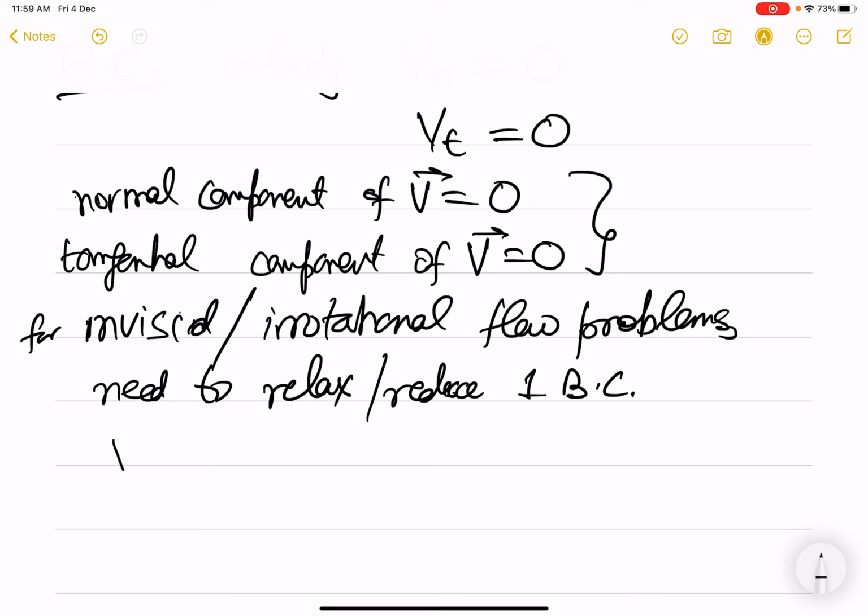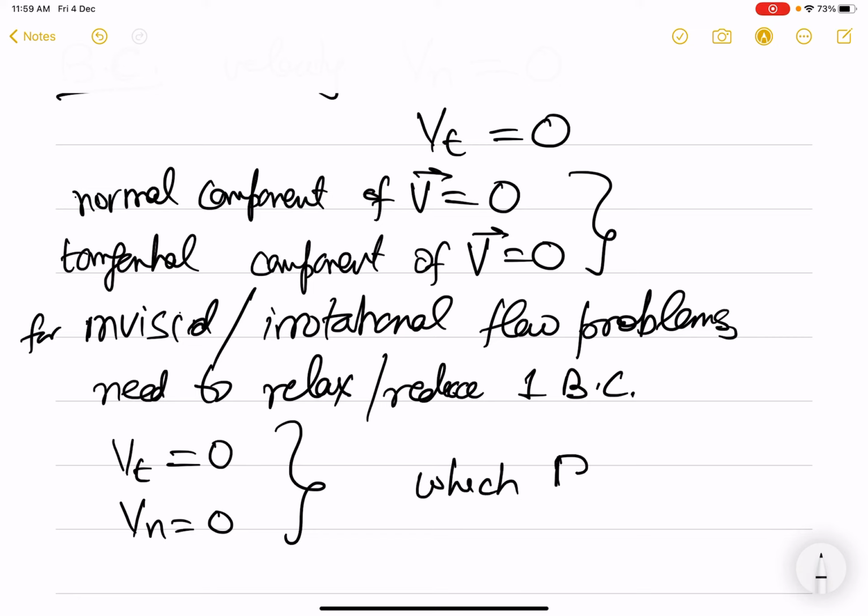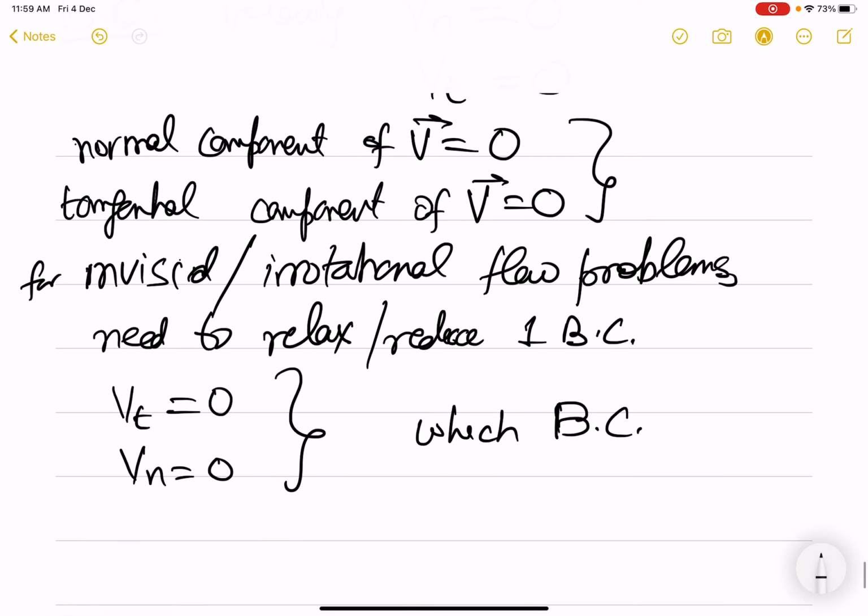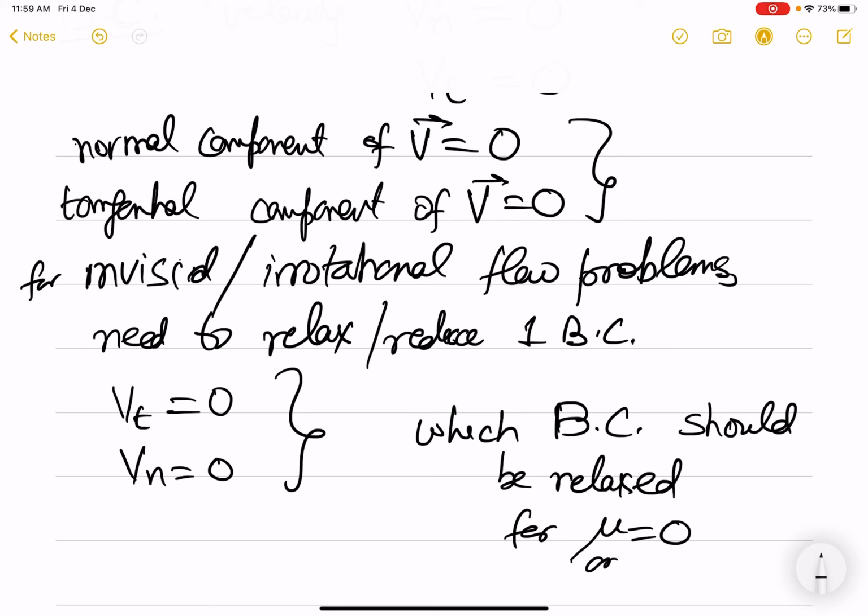Now we have Vt is equal to 0 and Vn is equal to 0. Which boundary condition should be relaxed for mu is equal to 0 or omega is equal to 0?